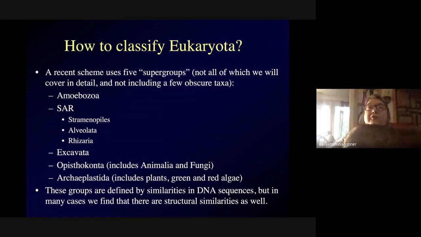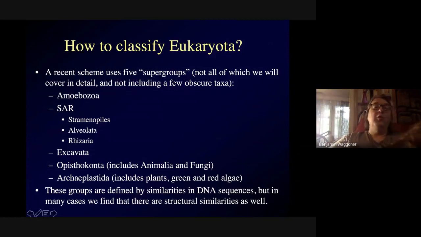Animals are part of one, a group called the Opisthokonta, and we'll talk about them for the entirety of the course except these first couple of days. Archaeplastida is plants, green algae, red algae, and a couple of others, and we've got a perfectly good botanist if you want to learn about them. We won't have much to say about fungi, and we've talked about amoebozoa, and excavata we'll talk about on Friday, and today I want to talk about SAR.